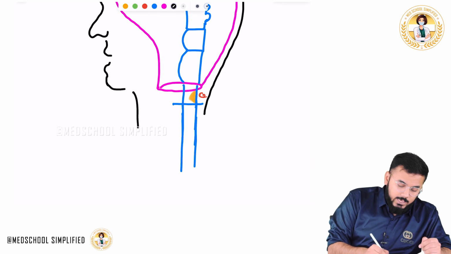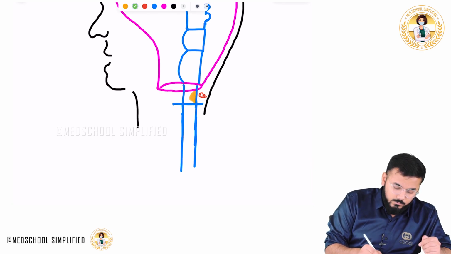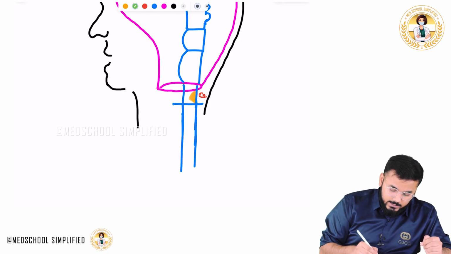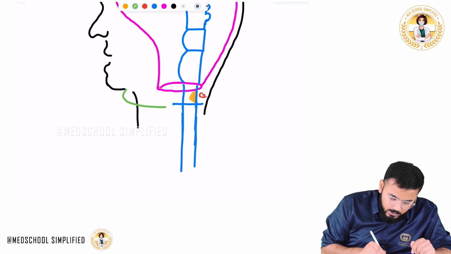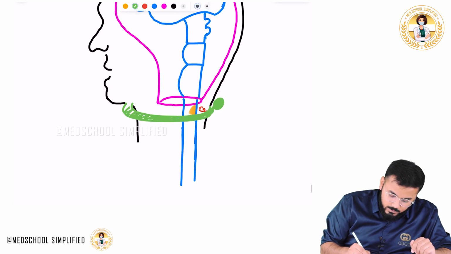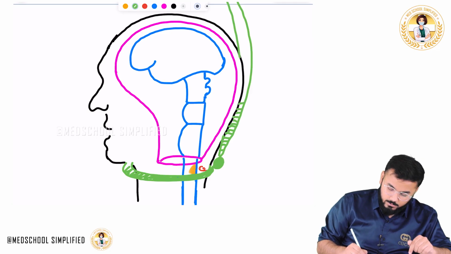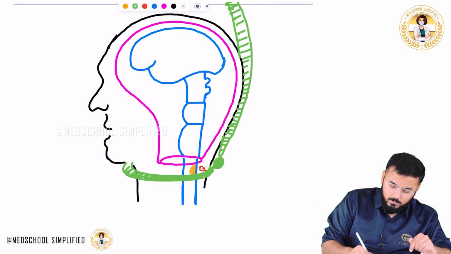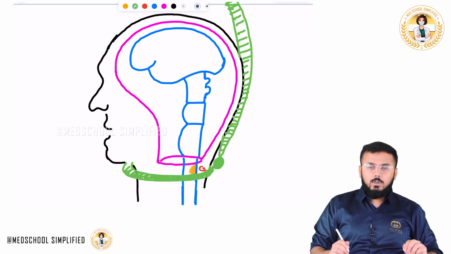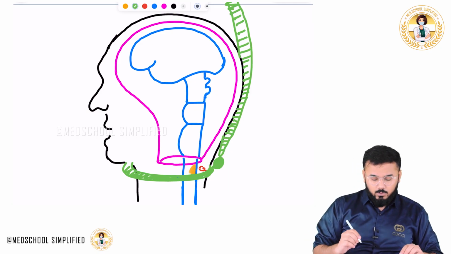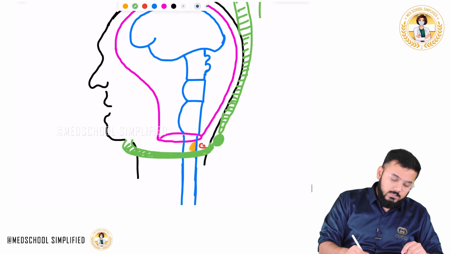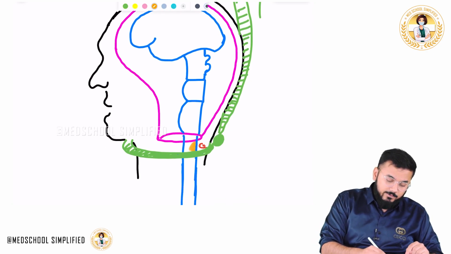For example, in the hangman's fracture, let us say there is a knot tied all the way like this. Because of this upward pressure, what will happen? There is a fracture of your C2. You know this thing.